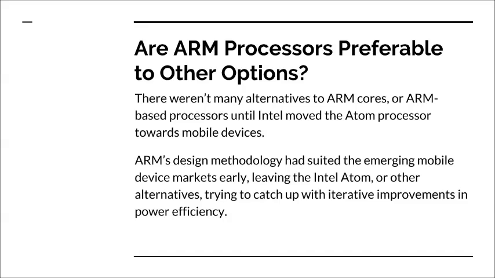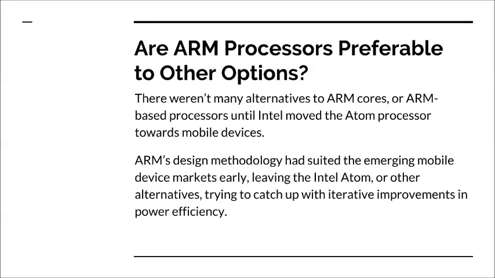And now we get to whether ARM processors are preferable to other options for mobile devices. Like I said just a second ago, there weren't many alternatives in the beginning. ARM suited all their needs, and Intel and their x86 processors hadn't focused on scaling an x86 processor down to smartphone levels.